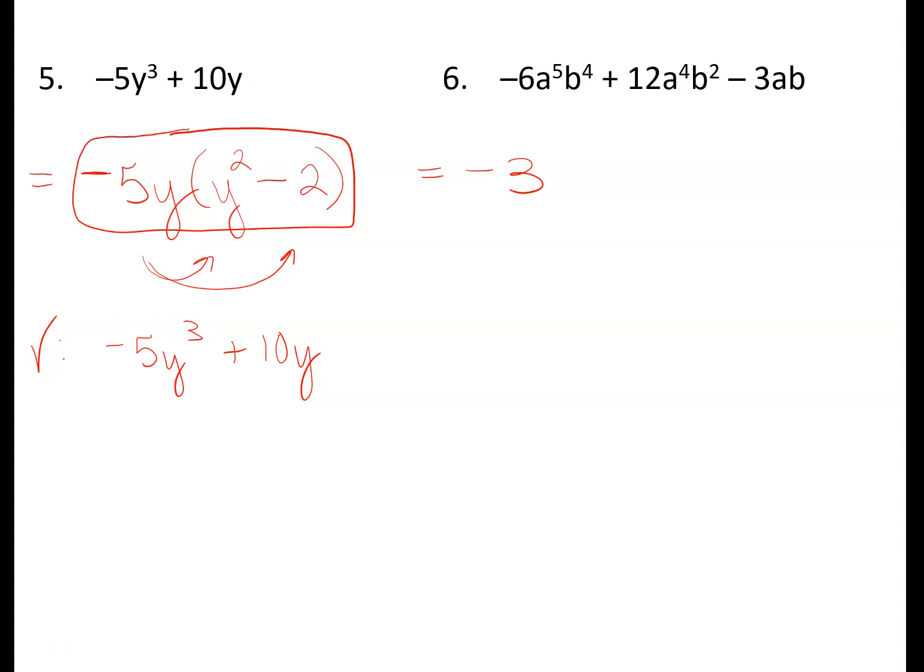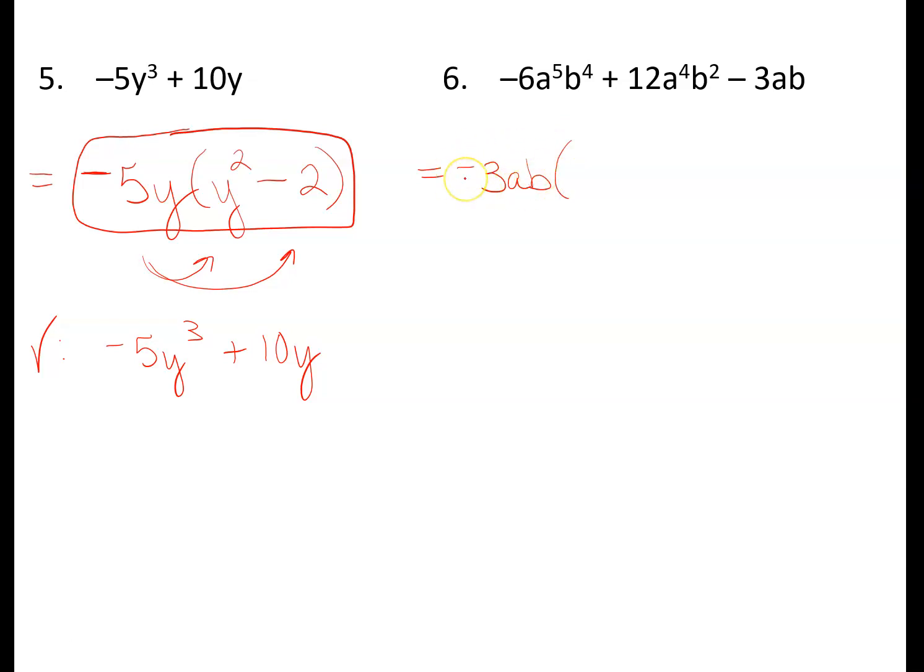You know what, I'm going to make that a little smaller to make sure I have room here. And then I'm going to look at my variables. They all have a. Smallest power on a is 1, so just 1a. They all have b, and the smallest power on b is 1. So that is my GCF. Negative 3ab, and then we open.